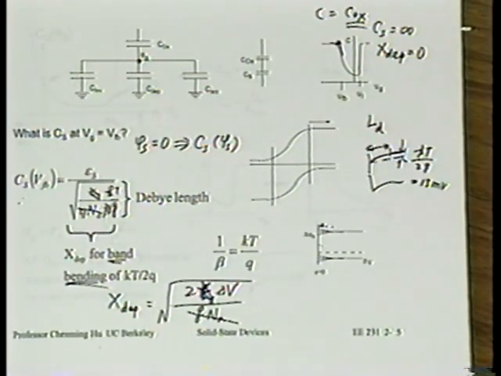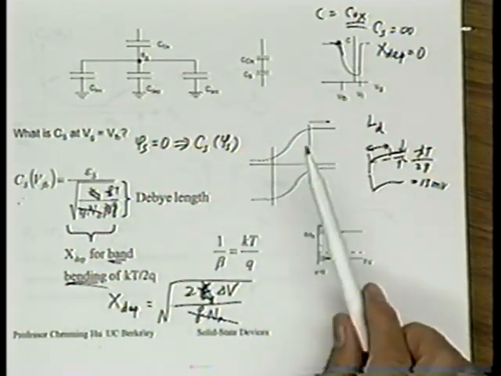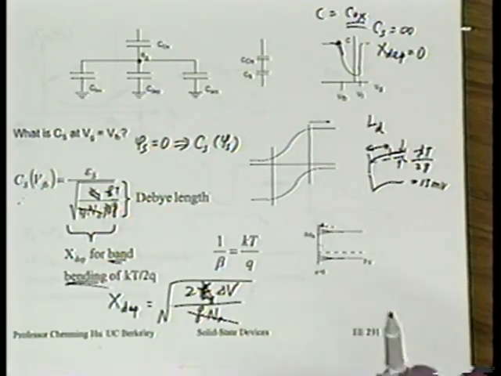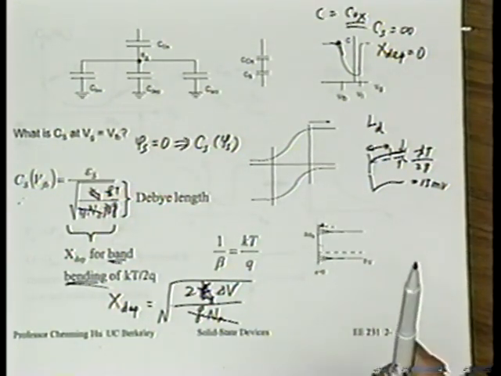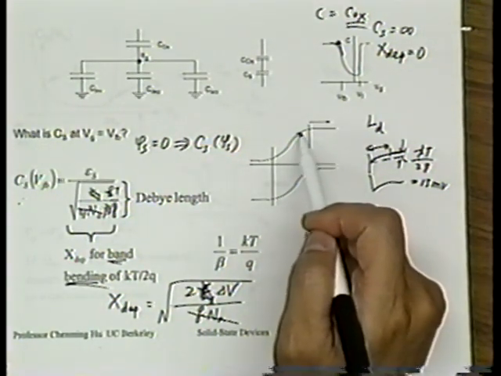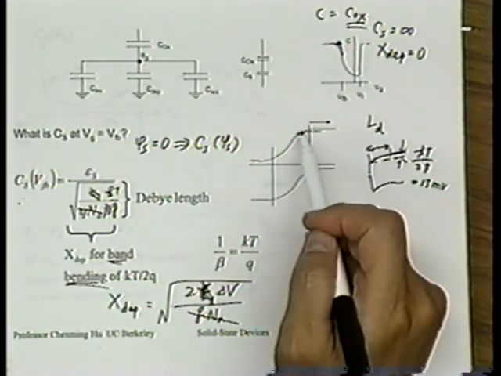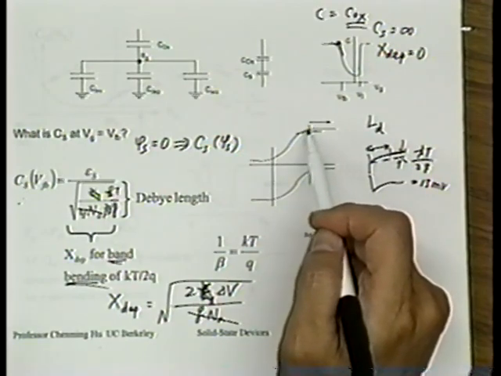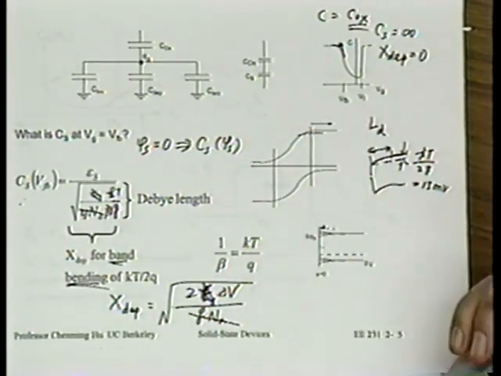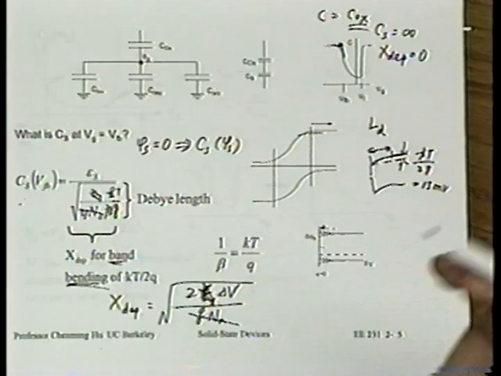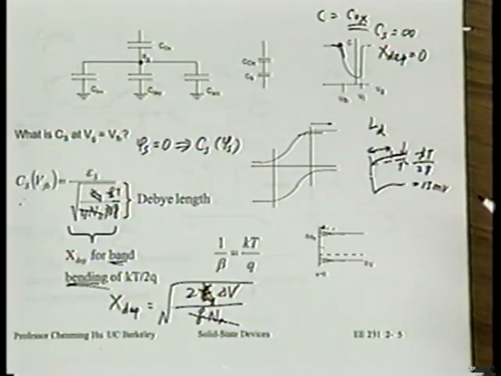So another interpretation is that the Debye length is the uncertainty about where the depletion region ends and where the neutral region begins. In this kT over 2 region, how can we say there's not as much electron or hole as in the neutral region? You cannot say the band is hardly deviated from flat. We cannot say the silicon is depleted.